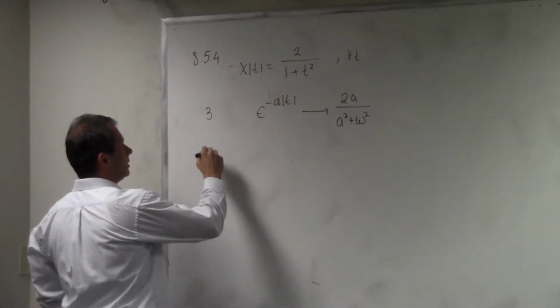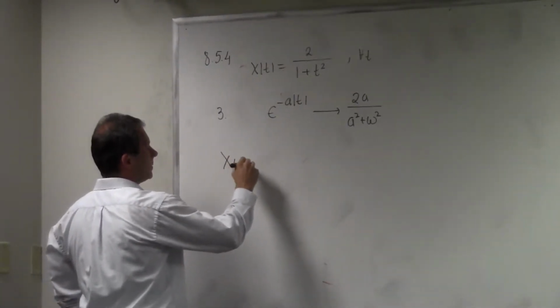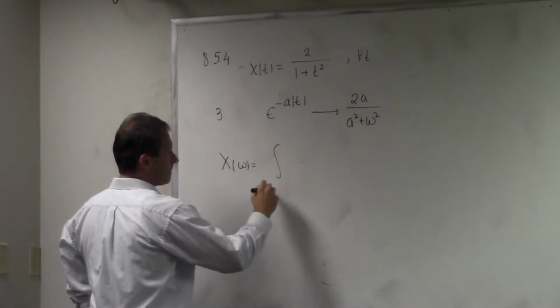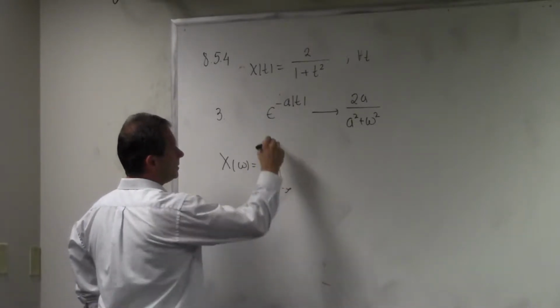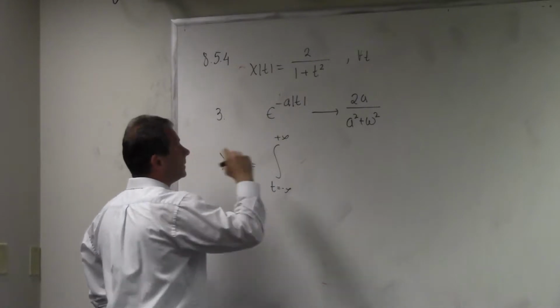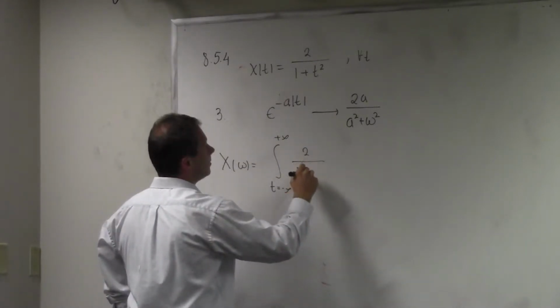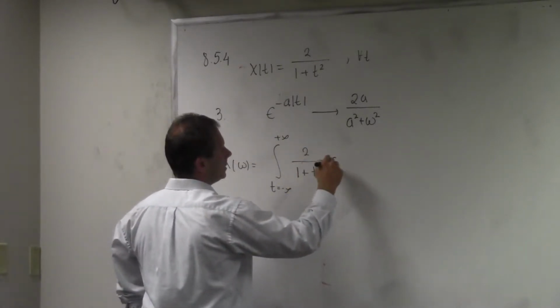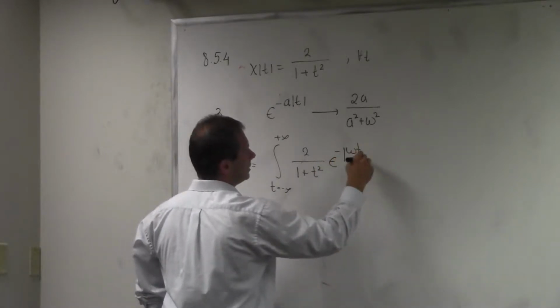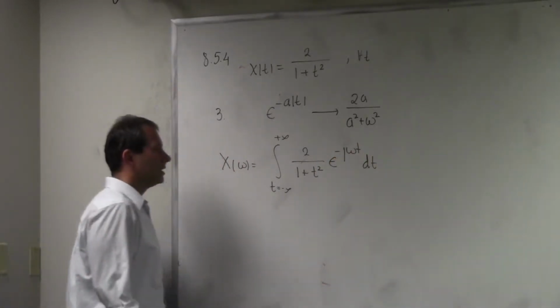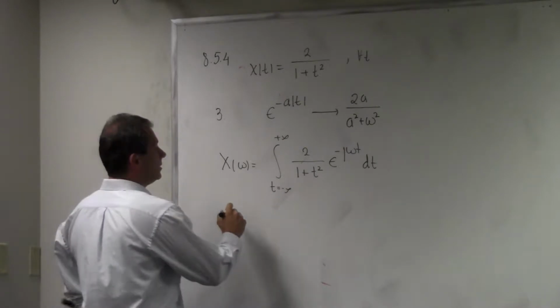So X of omega is going to be the integral, when t goes from minus infinity to plus infinity, of 2 over 1 plus t squared times e to the minus j omega t dt. That's what I need to determine. What is it that I know?